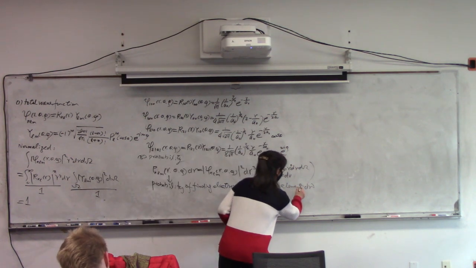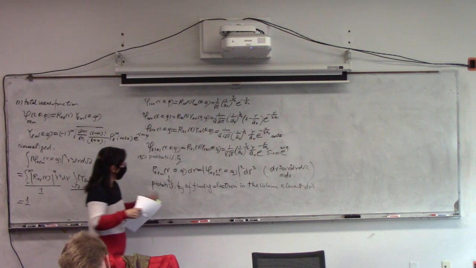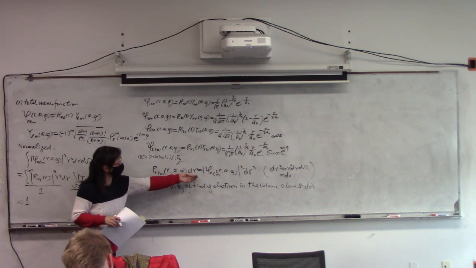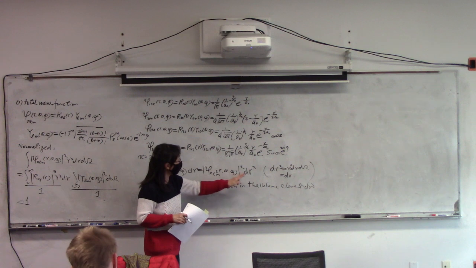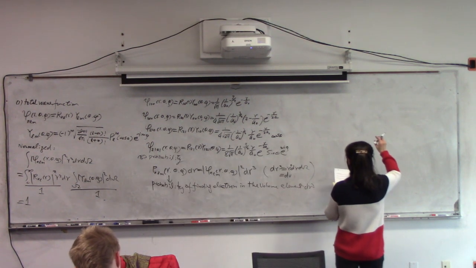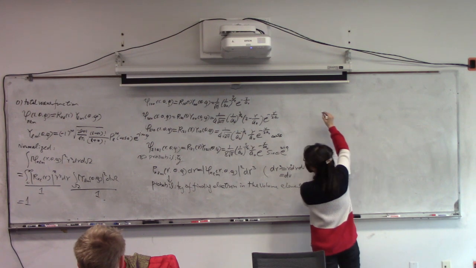But this is for inner space. For one small volume element, what is the probability? So that is the square of this total function multiplied by the volume.